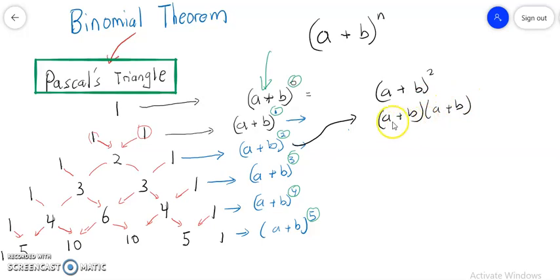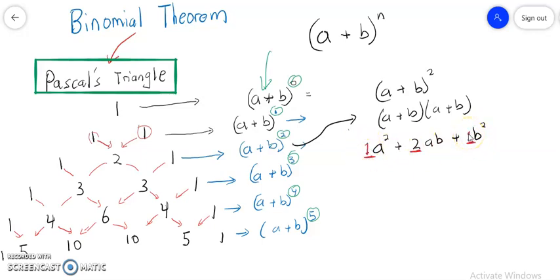When we expand this equation, we will have a squared plus 2ab plus b squared. If you notice, this is the coefficient in front of the algebra. If you don't have anything, it means it's 1.